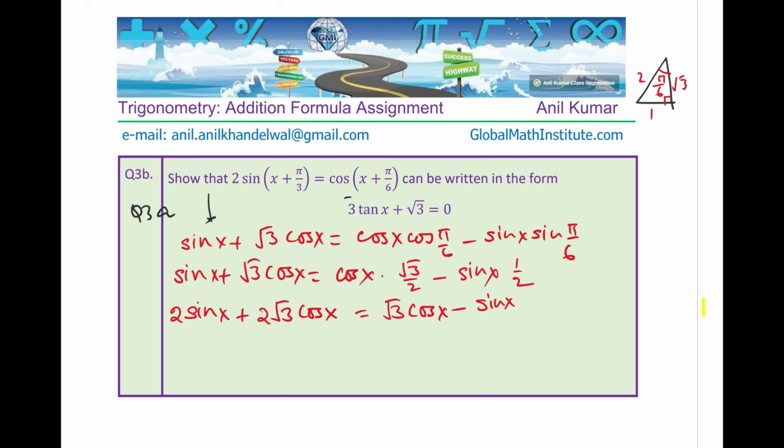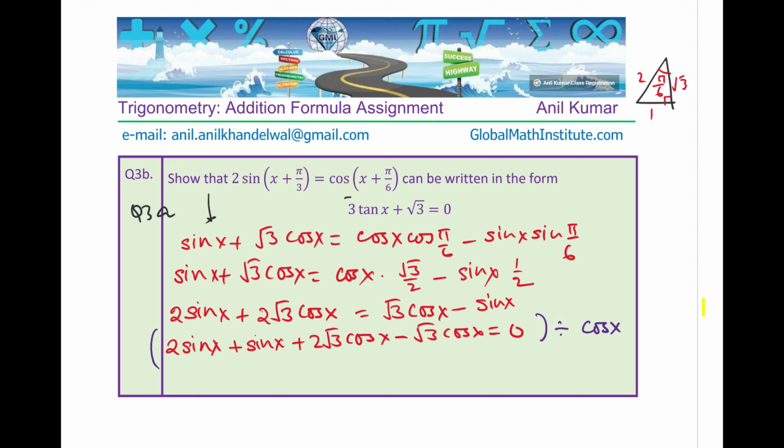So we can bring all the terms together. Bringing everything on the left hand side, we get 2 sine x plus sine x plus 2 square root 3 cos x minus square root 3 cos x equals to 0. And now we can divide both sides by cos x.